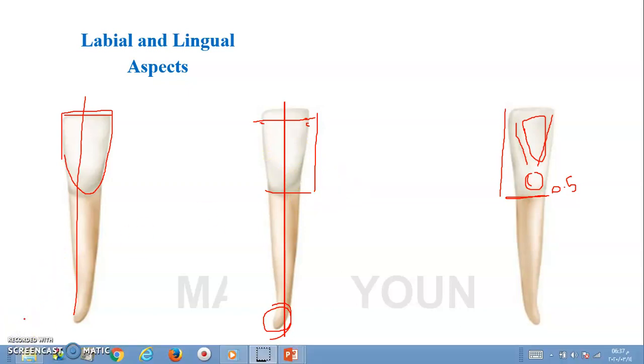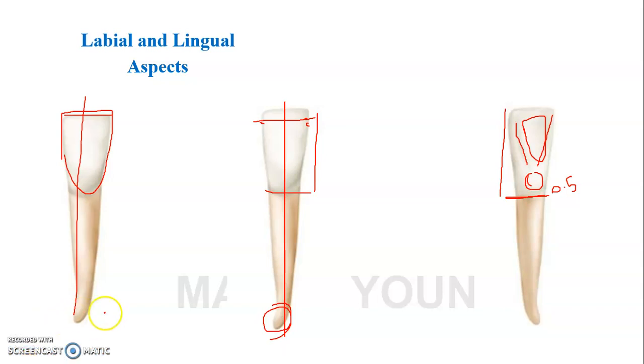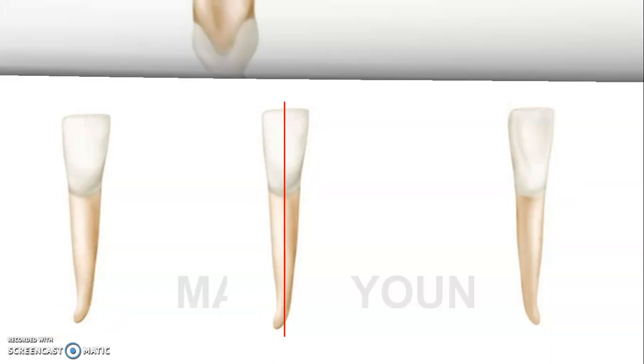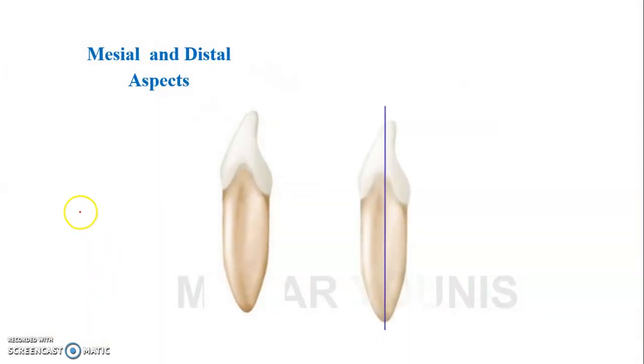Moving to the mesial and distal aspects of the mandibular central incisor. Usually, the crests of curvature, both labially and lingually, are located, just like our other incisors, in the cervical third, close to or just coronal to the cervical line.